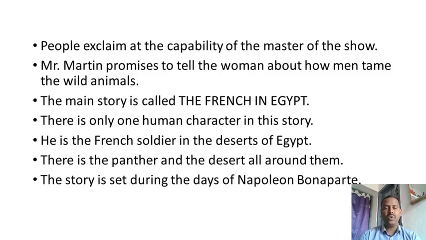In that story, The French in Egypt, there is only one human character, and that is the French soldier in the deserts of Egypt. There is the panther and the desert all around him. The story is set during the days of Napoleon Bonaparte.